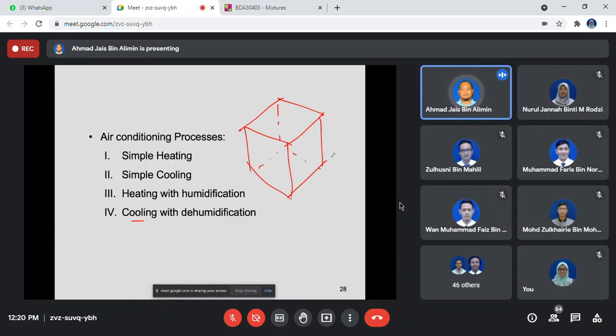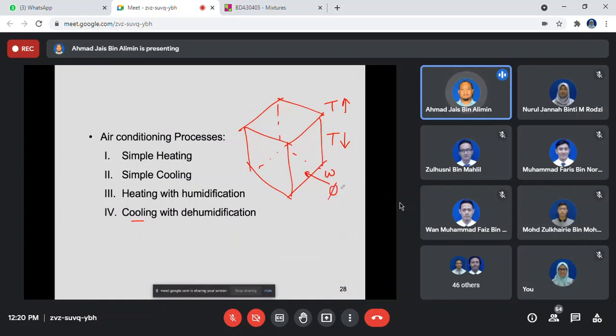So we want to know what will be the quality of air. Are we talking about an increase in temperature, or a reduction of the temperature, or are we talking about tempering with the relative humidity and also the specific humidity?